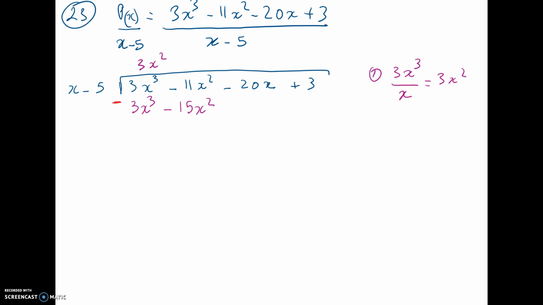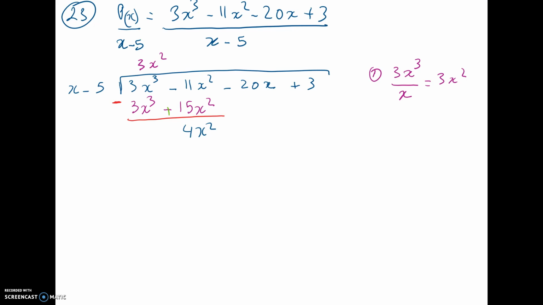Then I need to subtract, and when I subtract, the negative 15x squared becomes a plus, and so I end up having at the end a plus 15x squared minus 11x, and so that gives me 4x squared.